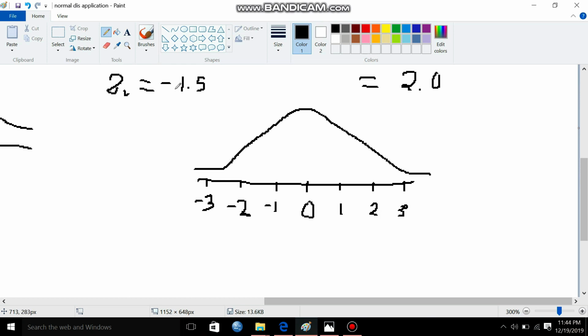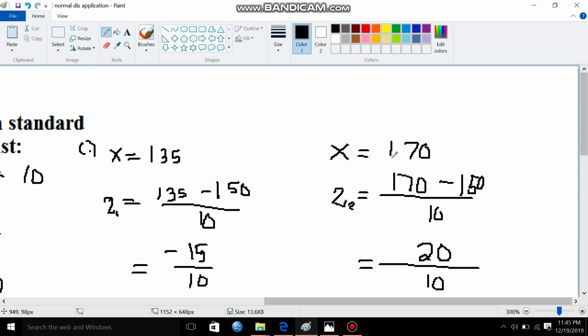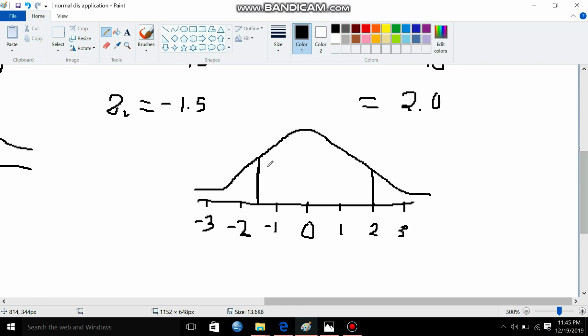So let's plot negative 1.5. Negative 1.5 is in between negative 1 and negative 2. Then z equals 2 is basically here. So the scores between 135 and 170 are located here, in between negative 1.5 and 2.